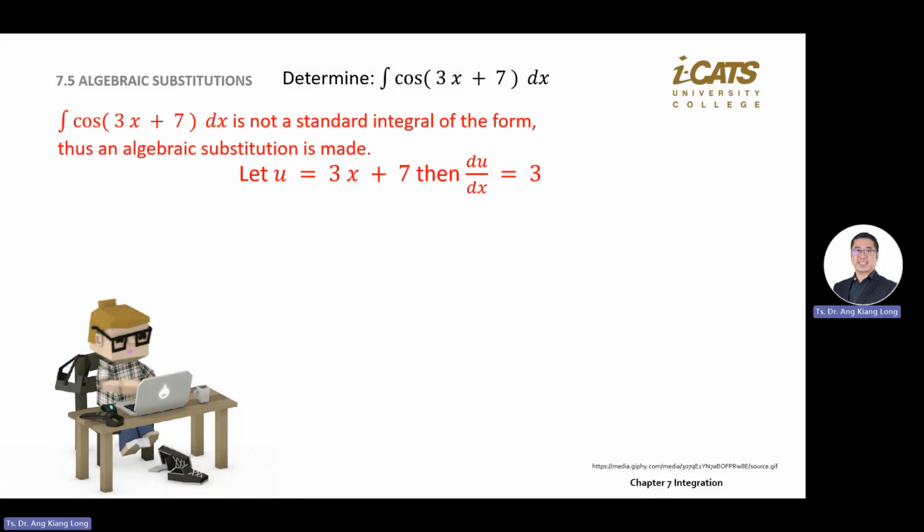you start with substitution. You see the bracket as one term. In this case, you see the bracket as u. So you start with let u equal to the bracket in the question. In this case, you let u equal to 3x plus 7.